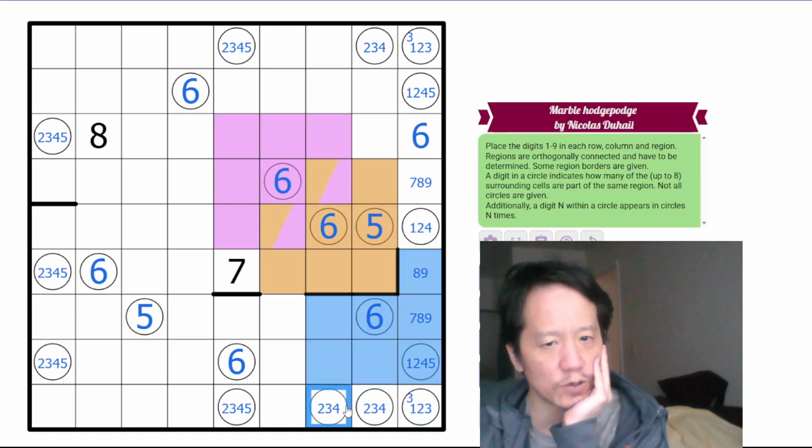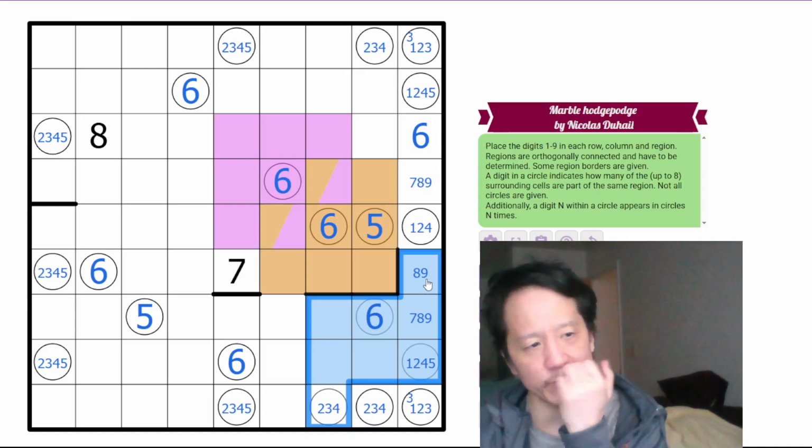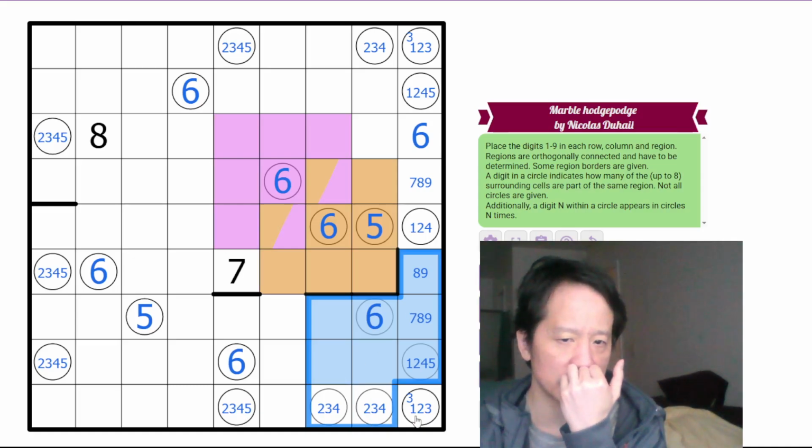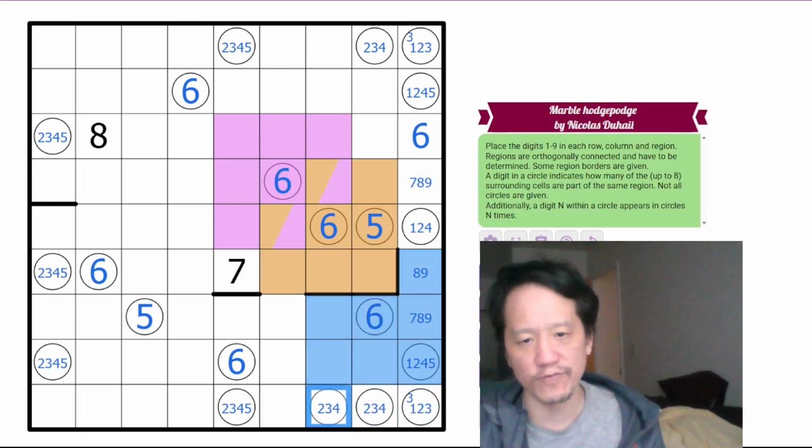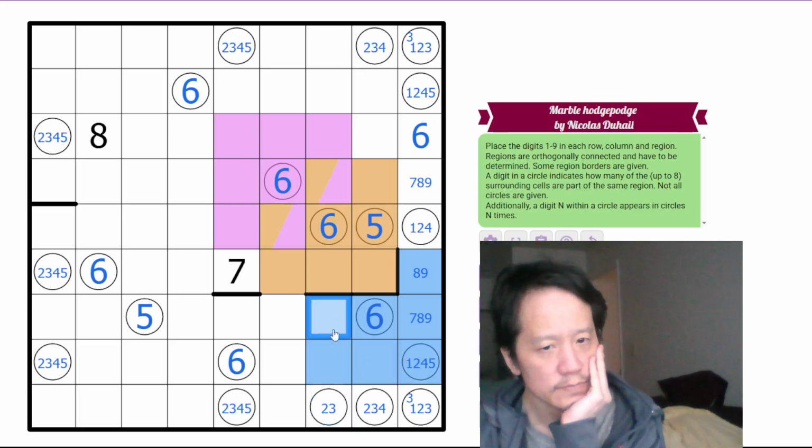If this were 4, it would have to be 1, 2, 3, 4, 5, 6, 7, 8. But the problem is, even if this were 9, this area doesn't get out. So this can never be 4. This is 2 or 3 then.